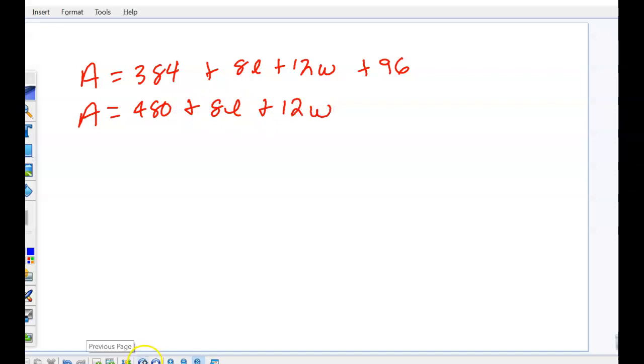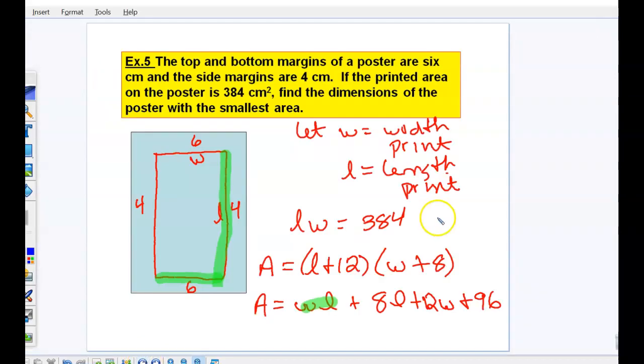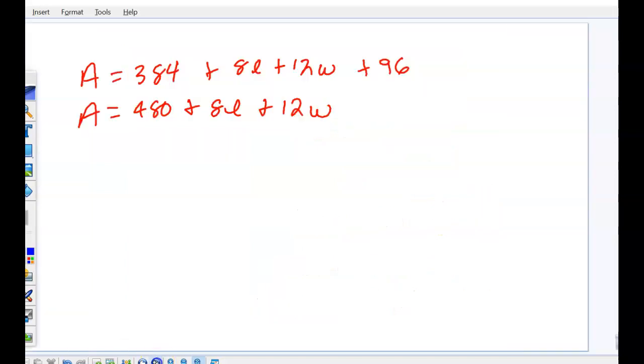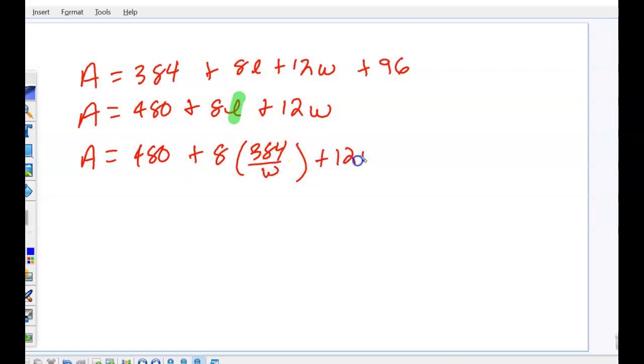So now we'll go back to our first equation and we'll isolate one of the variables. So we'll say L is 384 over W. So in place of L here, I will put 384 over W. 480 plus 8 times 384 over W plus 12W. So area is going to be 480 plus 384 times 8 is going to be 3072.